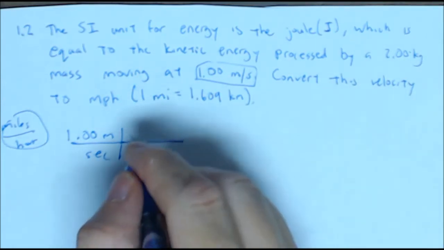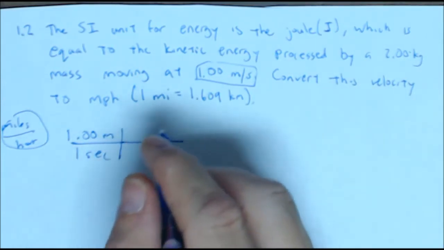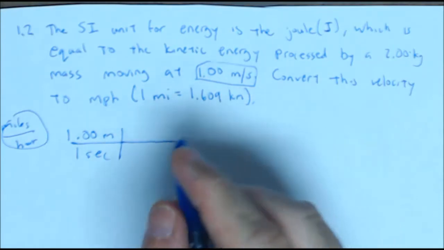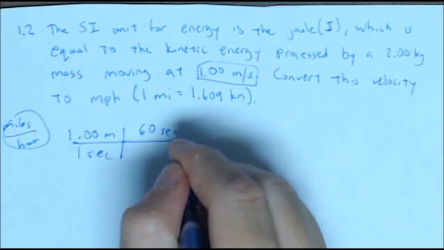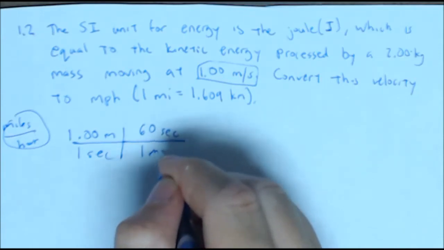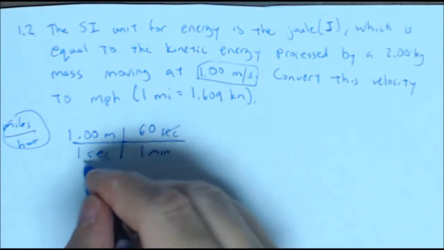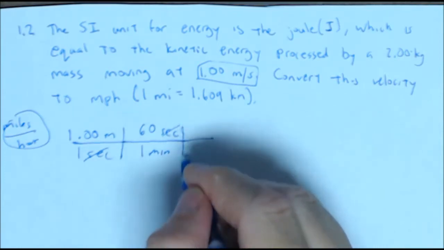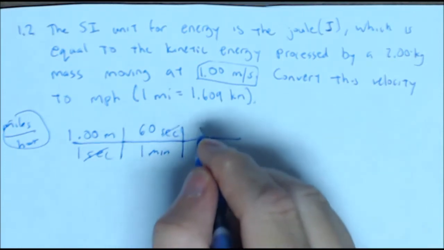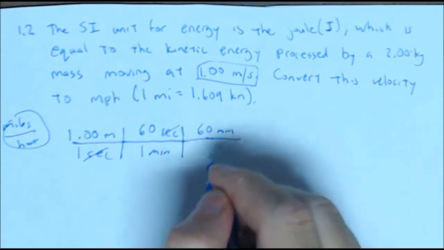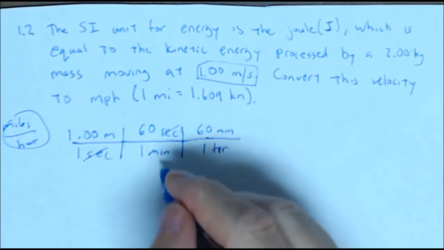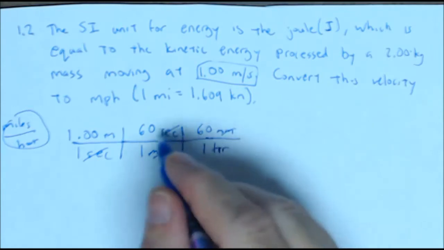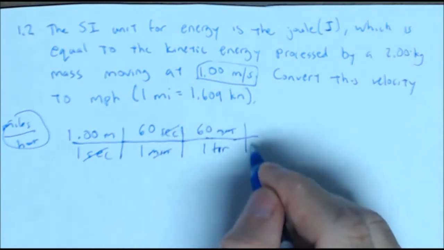I know that we're looking for hours, so I know that we have 60 seconds per 1 minute, and I know this is set up correctly because seconds will cancel. And I know that there are 60 minutes in every 1 hour. At this point, minutes cancel, and I've got my hours set up.